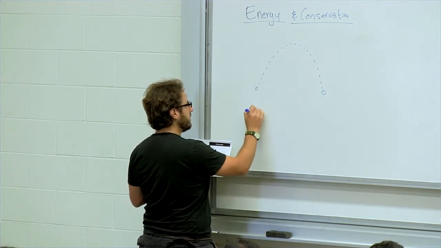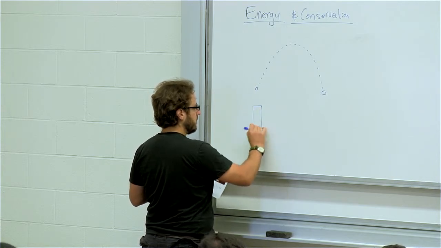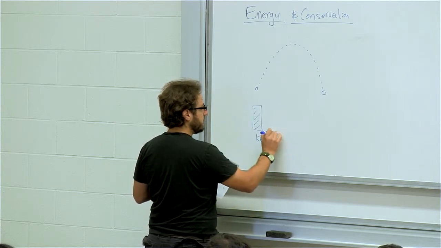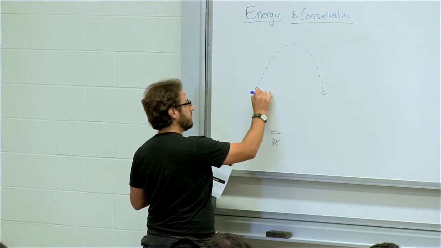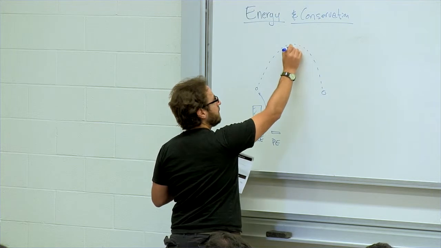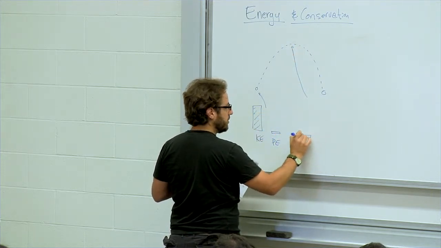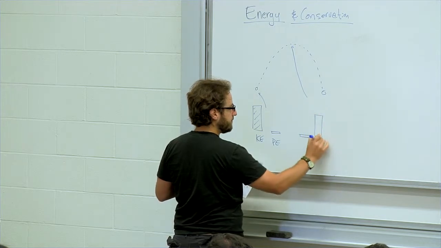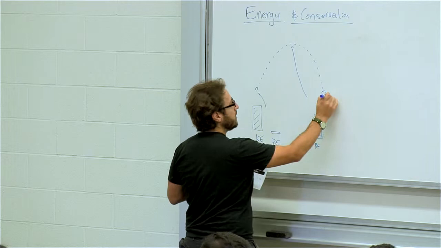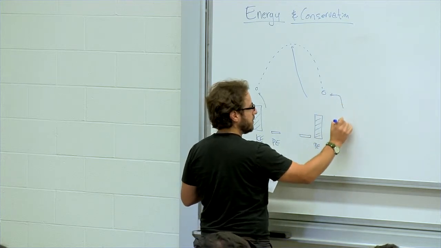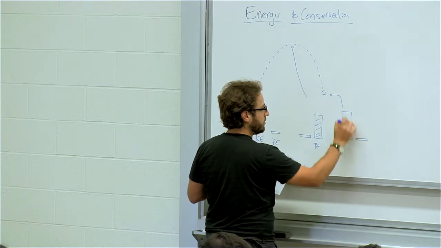It starts here with a lot of kinetic energy, and no potential energy, where you're throwing it. Here at the top, all that kinetic energy has been turned into potential energy. And then back here, you have kinetic energy again, and almost no potential energy.